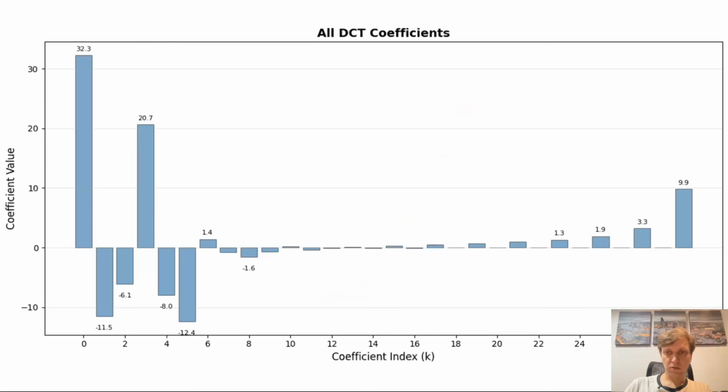Also, if you look at the same chart, you can see that in the beginning we have a very similar picture of the components. But now in the end, we don't have zeros. In the end, we have pretty big components too that cannot be ignored.